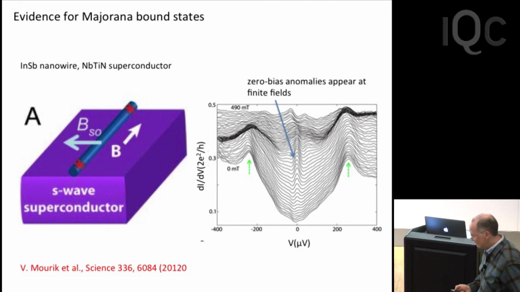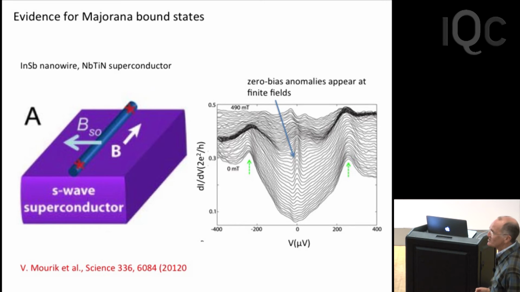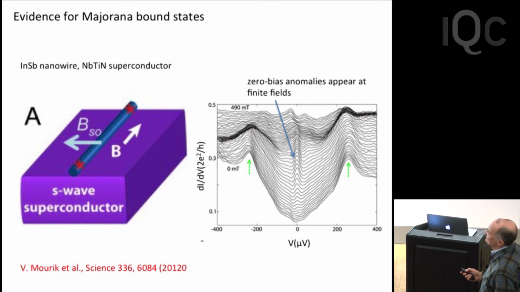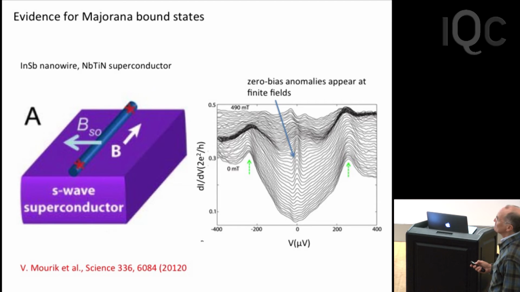There has been some evidence for Majorana bound states in these sorts of systems. In particular, this is an indium antimonide nanowire on top of a niobium titanium nitride superconductor. The indium antimonide has a strong spin-orbit coupling, and you can apply a sufficiently large magnetic field parallel to the nanowire to make the Zeeman splitting between the states larger than the induced superconductivity in the nanowire.